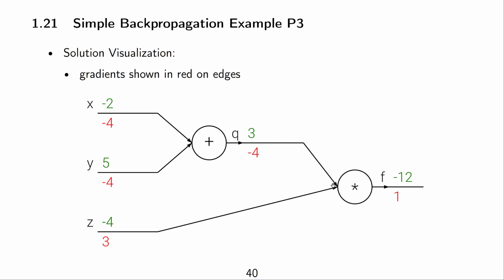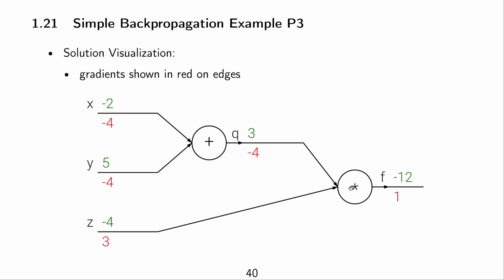So now we want to know what is traveling backwards along this edge. What is this red number here? We said that df/dz equals q, and now we look up the specific value of q that was coming into this node. This specific value is 3.